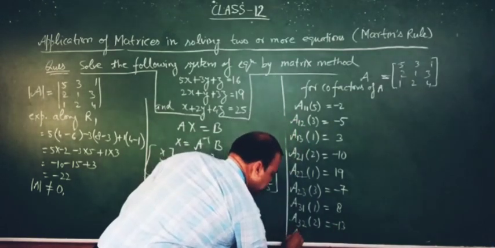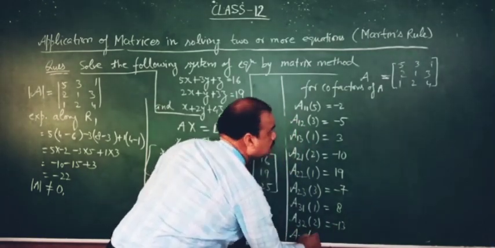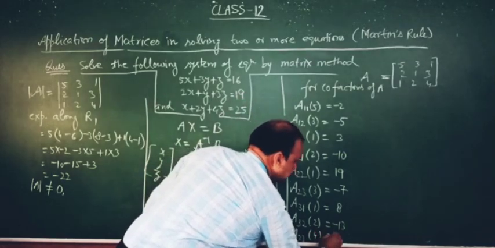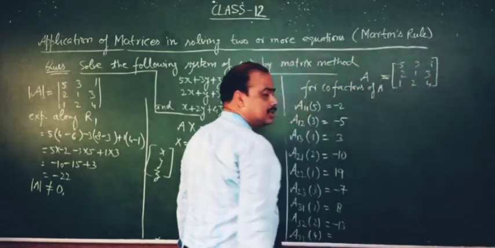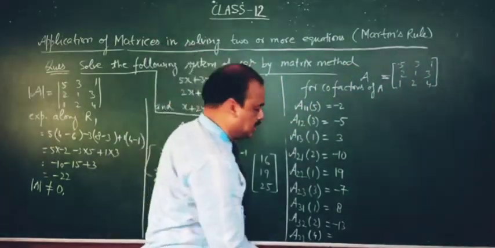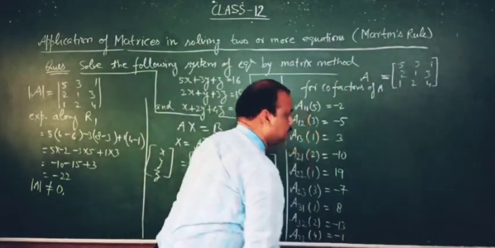And cofactor of third row third column, the element is 4: 5 minus 6, negative 1.